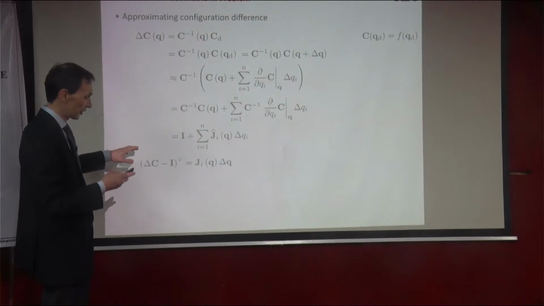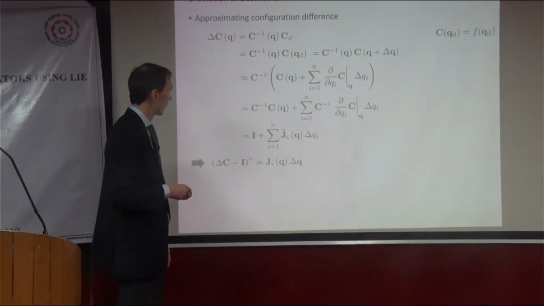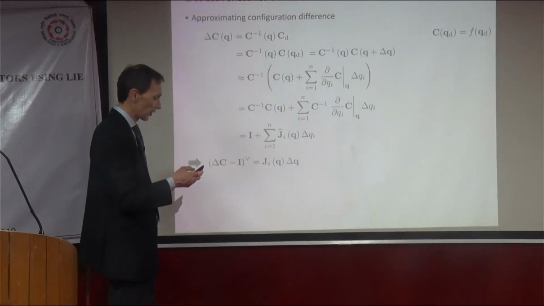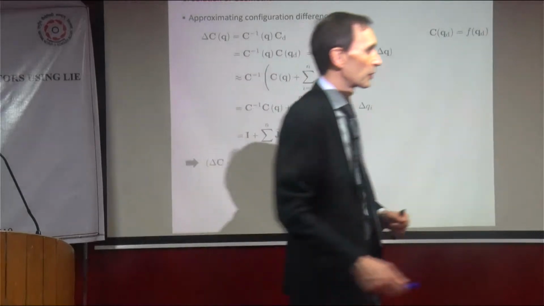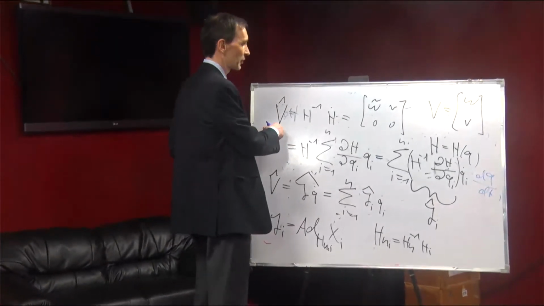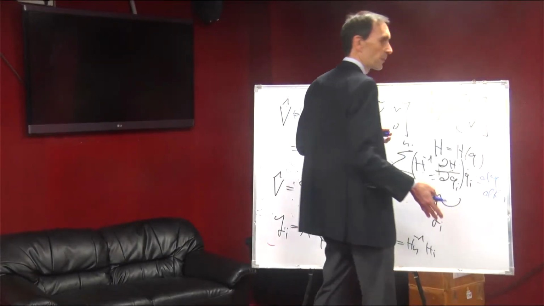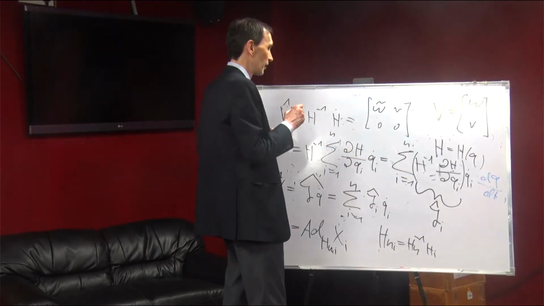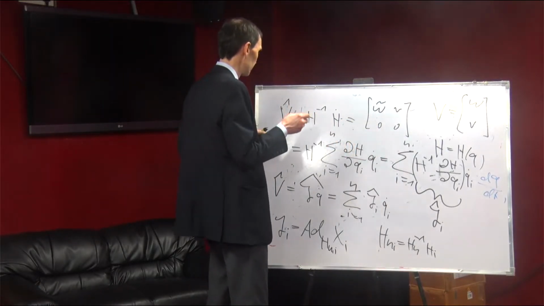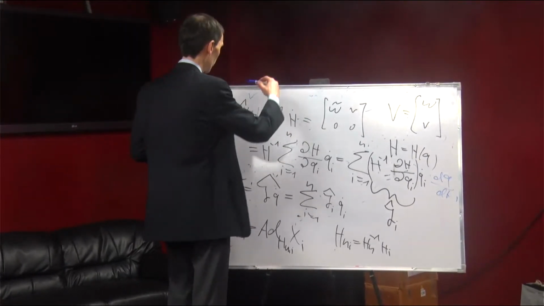So what I can do is bring this to the left, right? I can say this is delta C minus I. We didn't introduce it yet because we never used it, but if I have a 4x4 matrix, I can extract the 6 vector, and I need some notation for this. Because this is the hat, the inverse is just the opposite: you flip this thing.